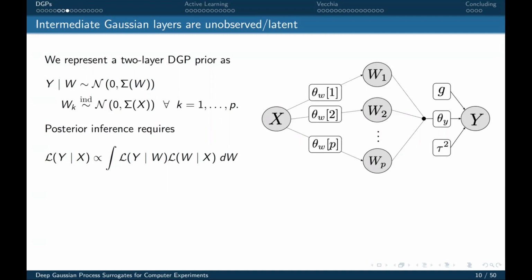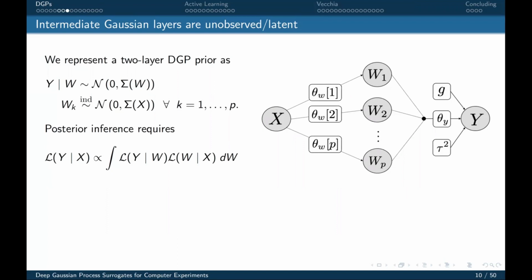Y given the warped inputs is Gaussian, and the coordinates of the warped inputs are also Gaussian given the original ones. I can have as many of these warped input coordinates as I want. If I have a one-dimensional X to start out with, maybe I only want a one-dimensional W, so K would just be one, so P would be one in the slide. But if I have a two-dimensional or three-dimensional input, maybe I want to warp all of the coordinates, so I would have three sets of these.